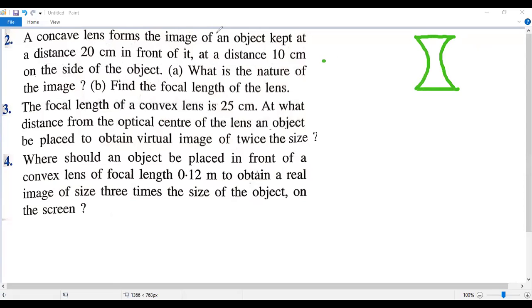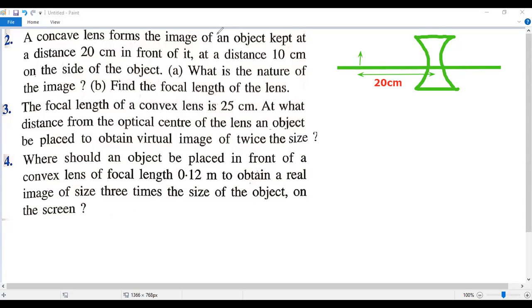In that concave lens, an object is placed 20 centimeter in front of it. So we will draw an object on the left side of the concave lens such that from the optical center, the distance is given to be 20 centimeter. So the distance between object and lens is 20 centimeter.